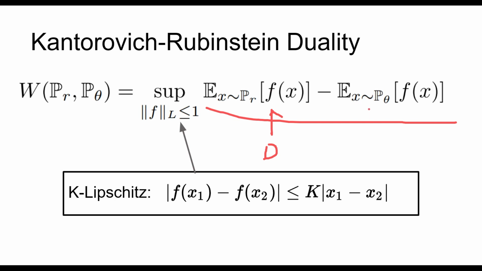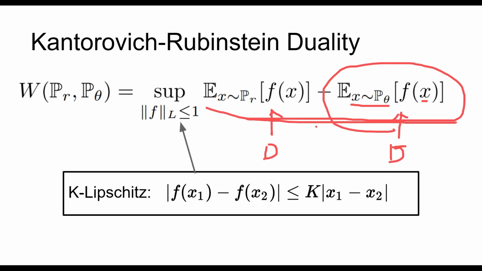If we treat f as a discriminator, it actually looks like a GAN, because X is from the real distribution, and we wish this one to be as large as possible. And when X comes from the fake distribution, that is the generated distribution, if we are training the discriminator, we are hoping this one to be as small as possible. And of course, the generator itself has the opposite objective.